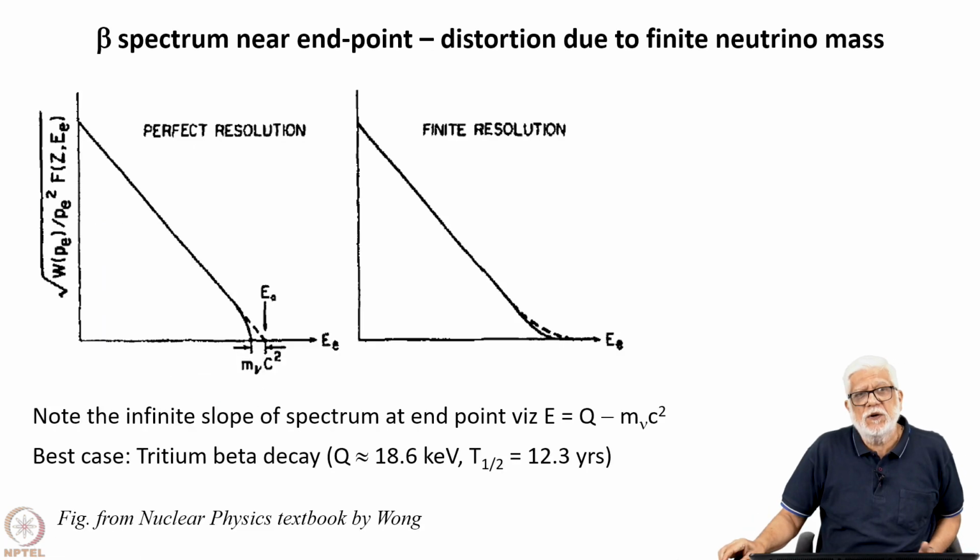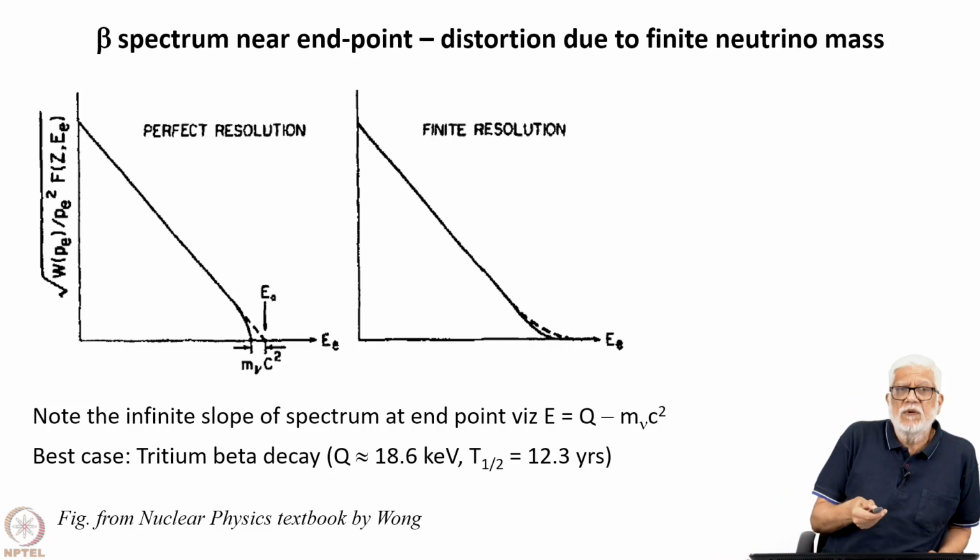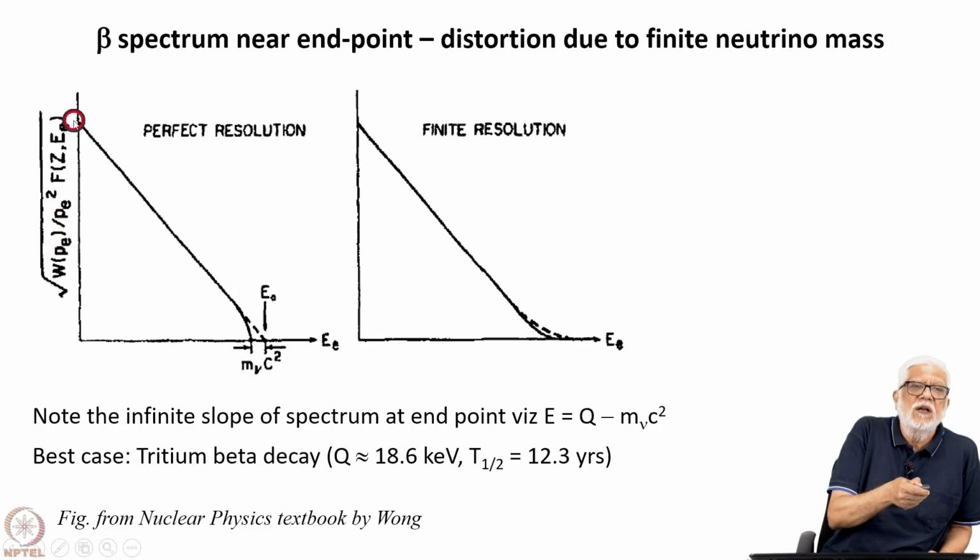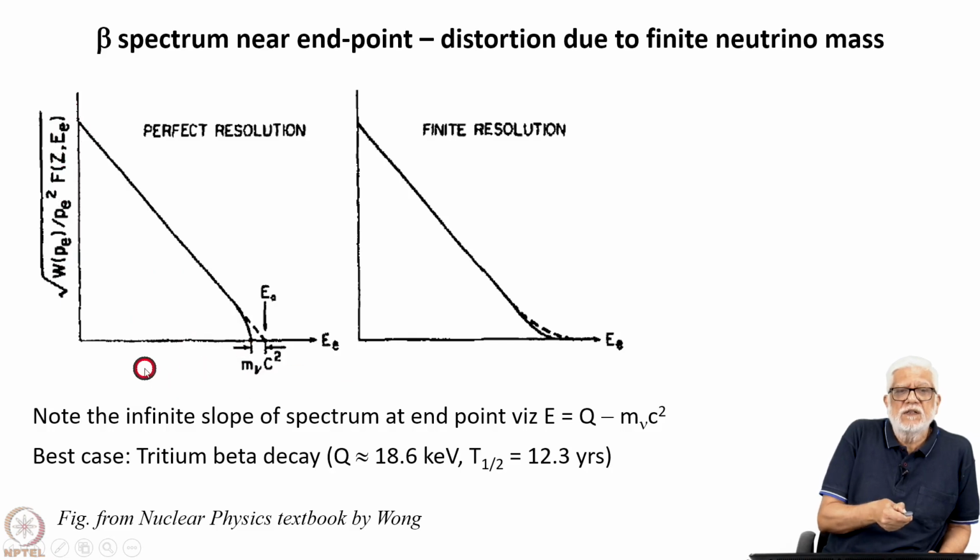So, the beta spectrum, as I said, if you suitably plot it, the square root of W p_e divided by p_e squared times F(Z, E), and plot it versus E, then this should come down to 0 at the Q value.